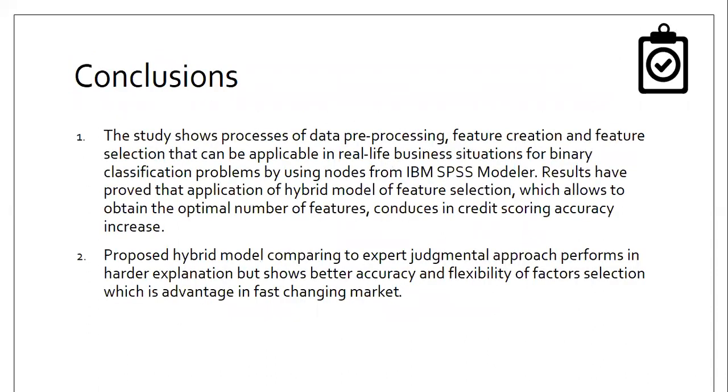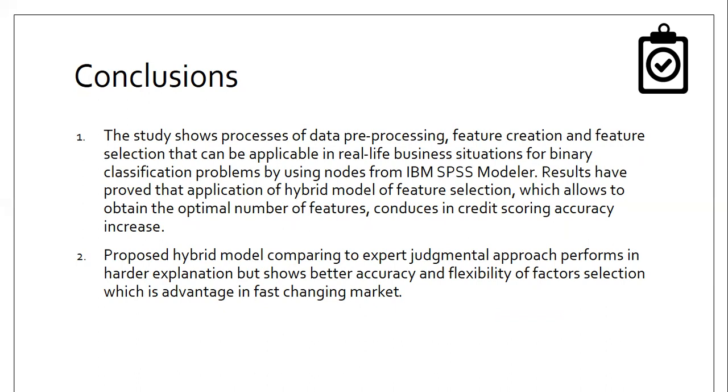And now let's move to the conclusions of this study. The study shows different steps and stages: data pre-processing, feature creation, feature selection, and the main advantage of it is that it can be applicable in real business cases for binary classification problems, using the software IBM SPSS Modeler.